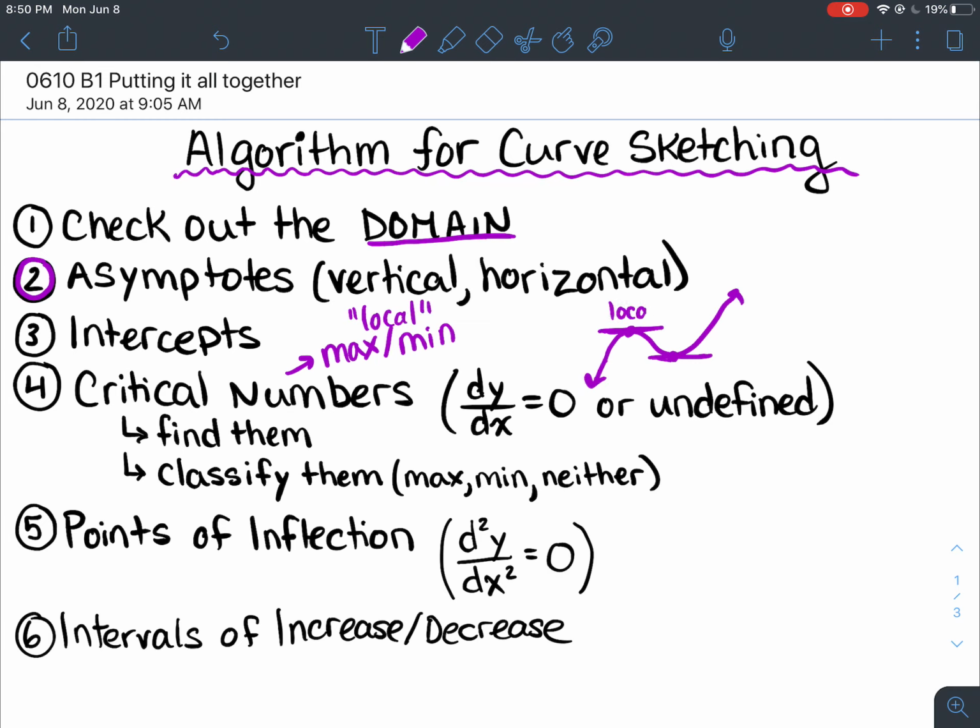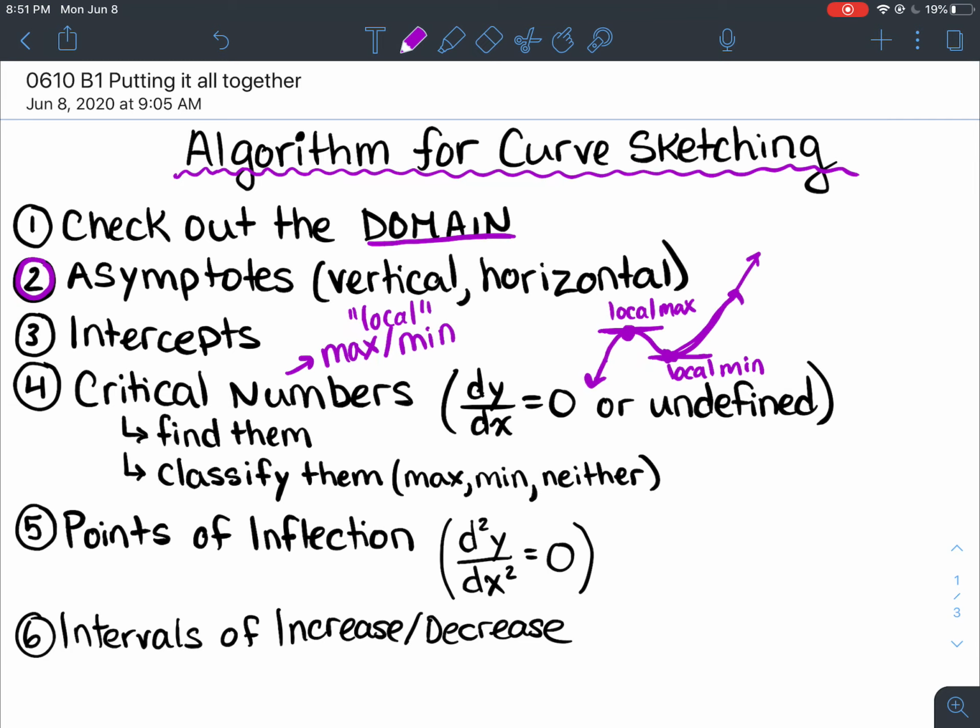This would be called a local maximum. It's not the absolute max of the graph because the graph keeps going, but it is the local max, and this one would be a local min. That's what critical numbers are. They can find those values.